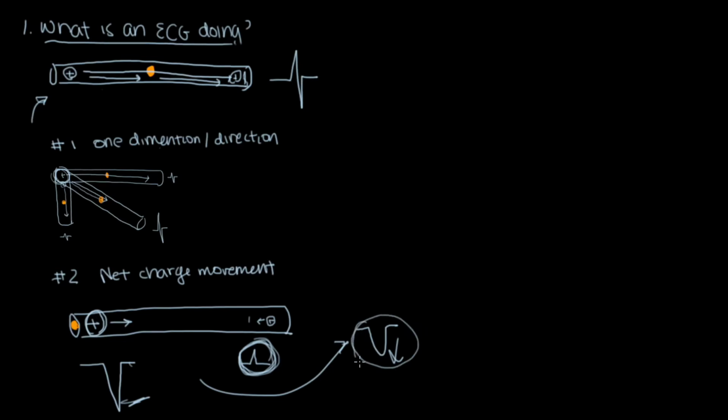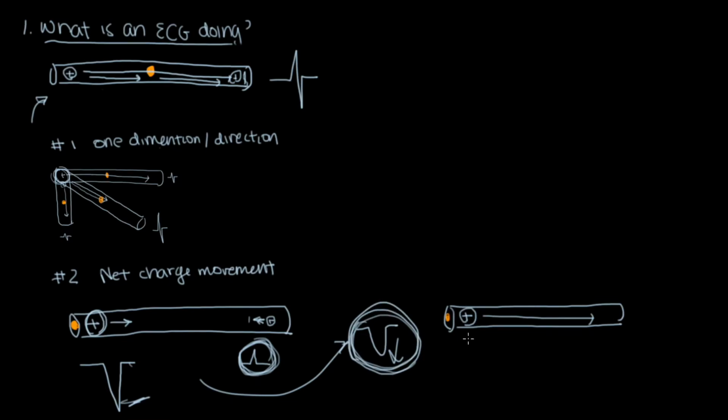So when you see this and try to redraw what may have happened in this tube, you may think, oh, there was a medium-sized charge that just moved away from the sensor, when in reality, a large charge had moved this way and a small charge had moved the other way. So you just have to be careful: when you see this, it doesn't necessarily mean that there was only one charge. There are always multiple charges contributing to the overall outcome.